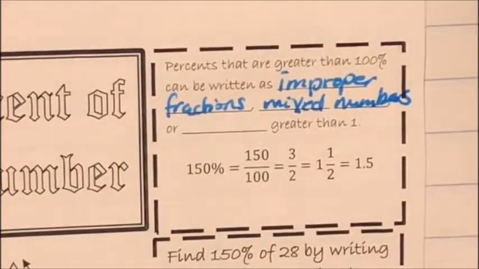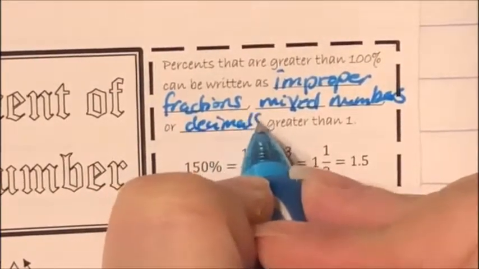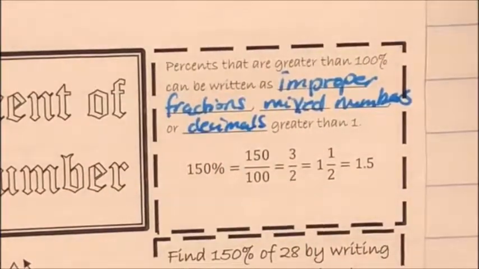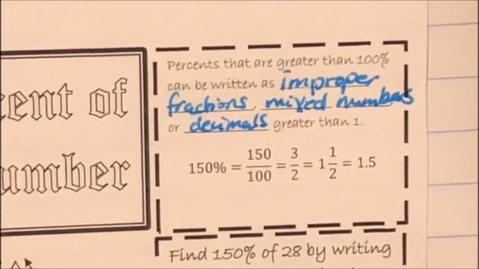So you can write them as improper fractions, mixed numbers, or decimals. Any of those would be acceptable, all right? So let's take a look at a couple of examples.